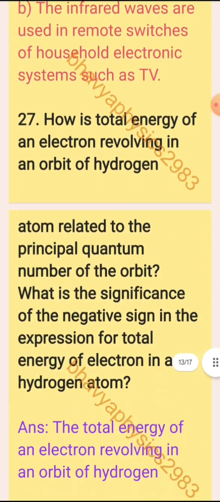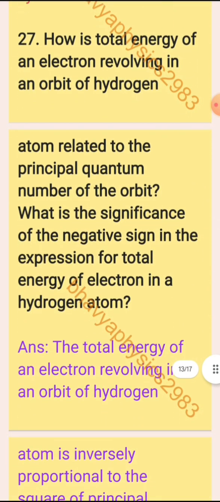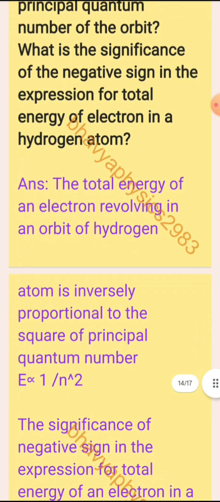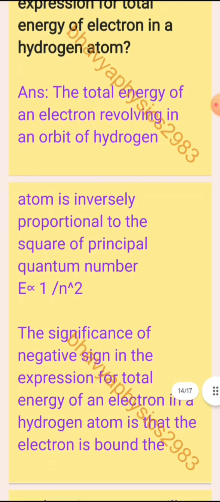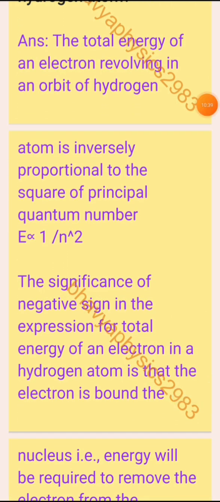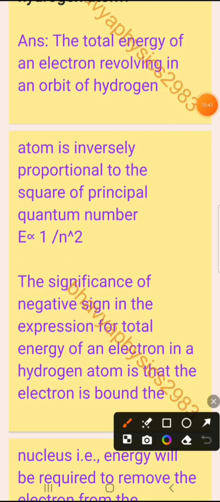Next one. How is the total energy of an electron revolving in an orbit of hydrogen atom related to the principal quantum number of the orbit? What is the significance of the negative sign in the expression for total energy of electron in a hydrogen atom? The total energy of the electron is inversely proportional to the square of the principal quantum number.